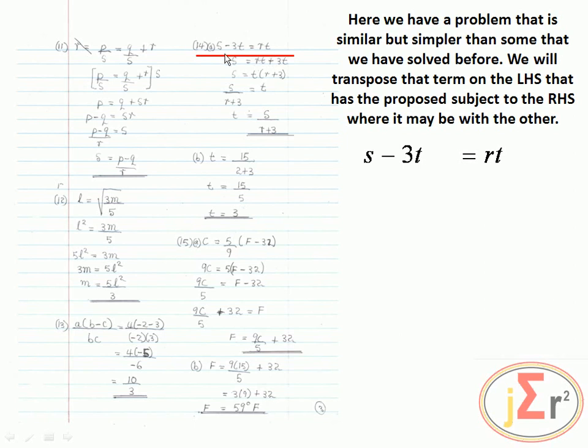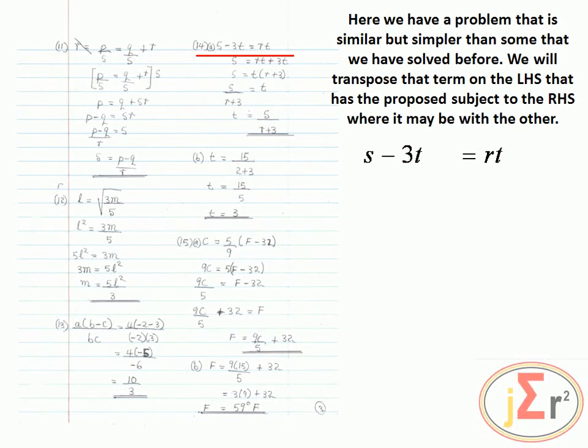So this one is a quote-unquote flat equation already, and that is why I consider it to be simpler than the ones before. I consider it to be similar also because we have solved the problems in which we have the proposed subject on opposite sides of the equation.